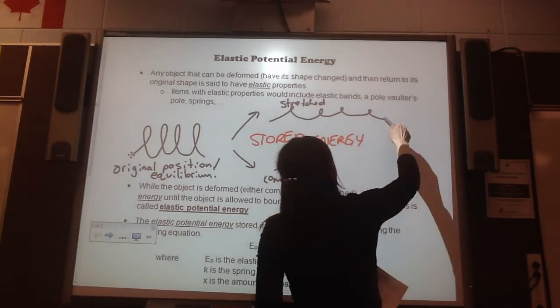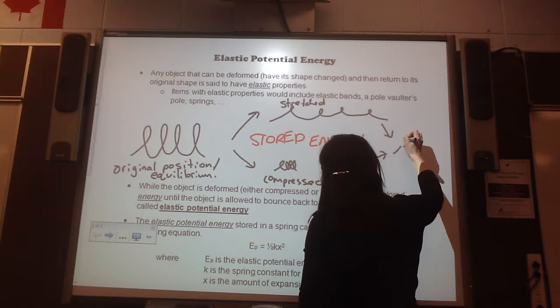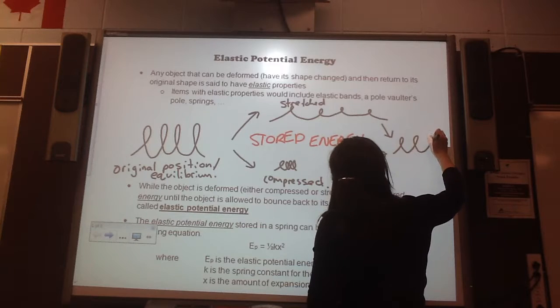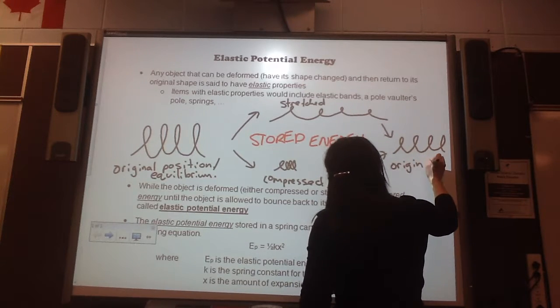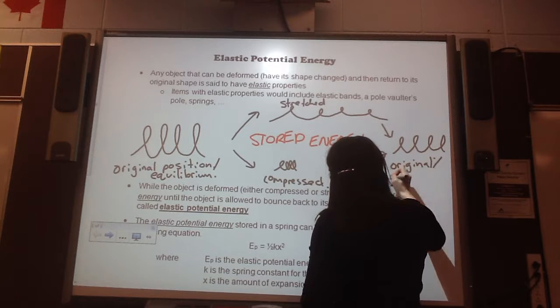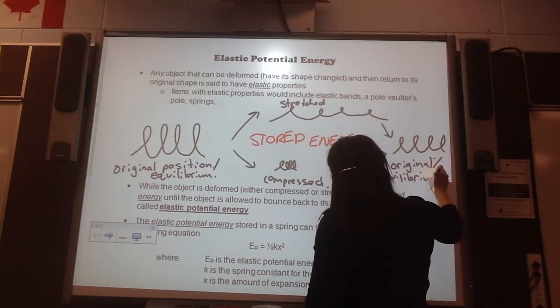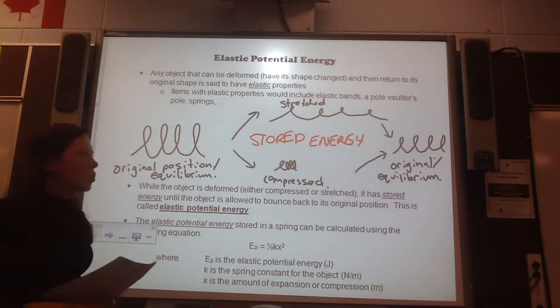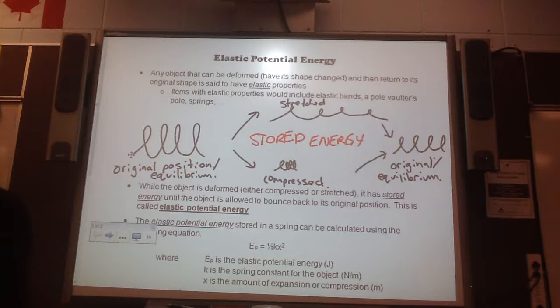Once it goes back, it will release kinetic energy and then go back to its original or equilibrium. So if it can't go back to its original, it doesn't have elastic properties.